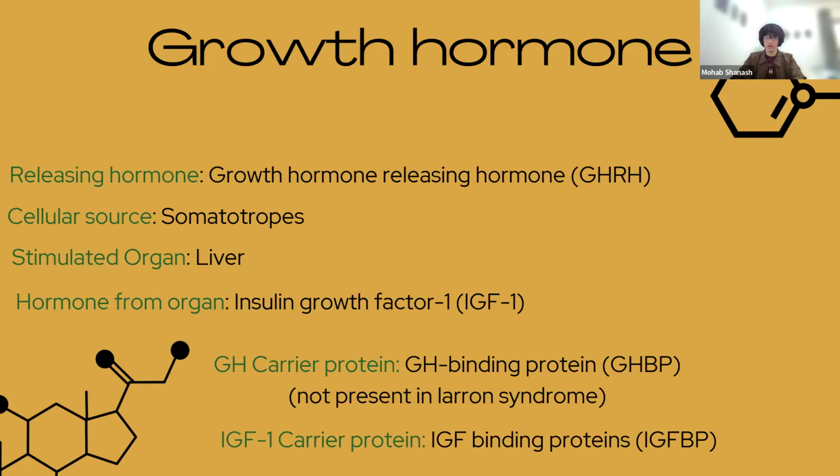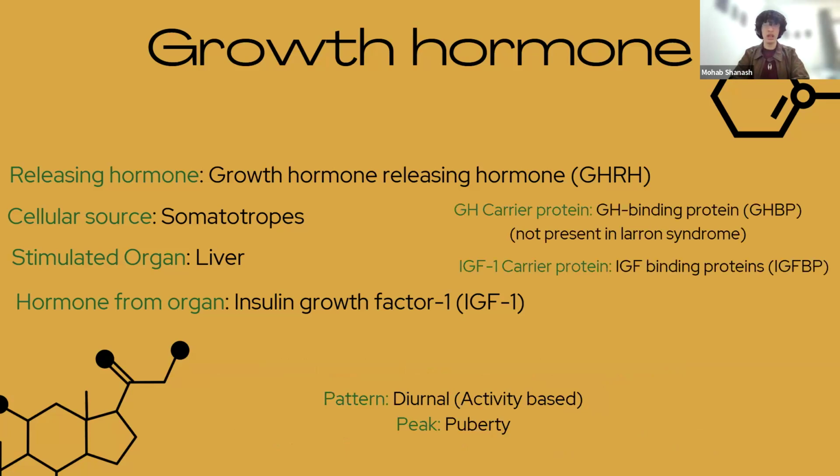Now, Laron syndrome is a type of dwarfism. You don't have the receptors that growth hormone binds to, and your growth hormone binding protein or the carrier protein is derived from these receptors. I'm going to get into the clinical implications of this in a bit, but just know you don't have carrier proteins in Laron syndrome, and you also have insulin-like growth factor 1 carrier protein or IGF binding protein.